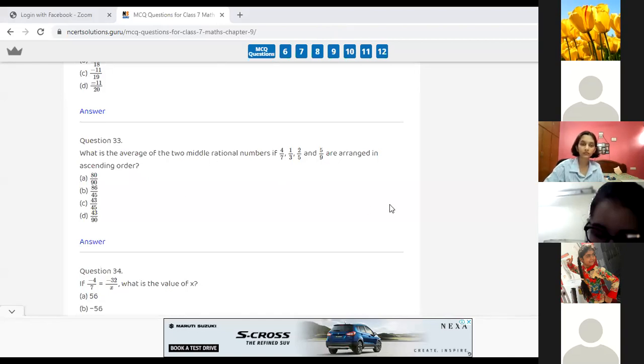What is the average of the two middle rational numbers if these are arranged in ascending order? Arrange them in ascending order. Then add the two middle terms and take half of that. Average means take the sum of two numbers and divide by 2. Then you will get the answer out of these. Please arrange them in ascending order.